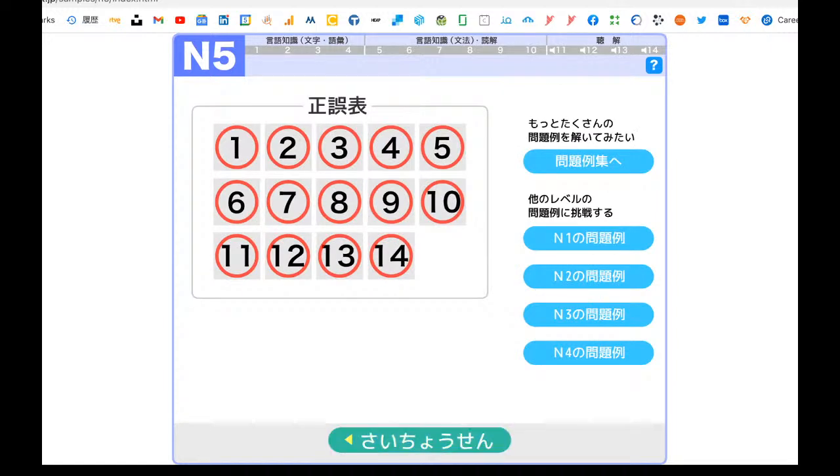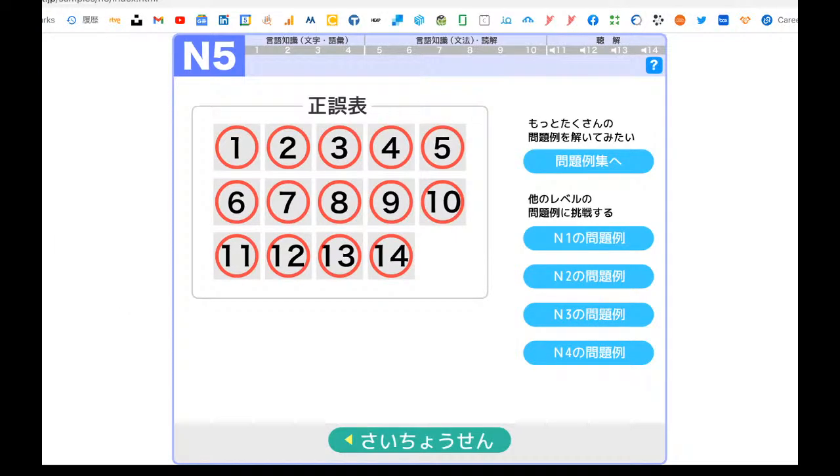So these are the examples and explaining by myself. There are a lot of tips to select the right answer.